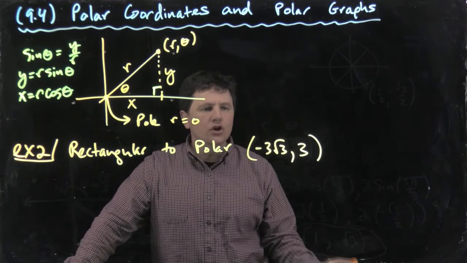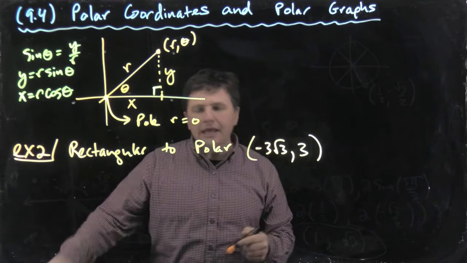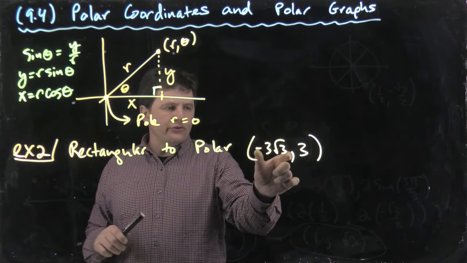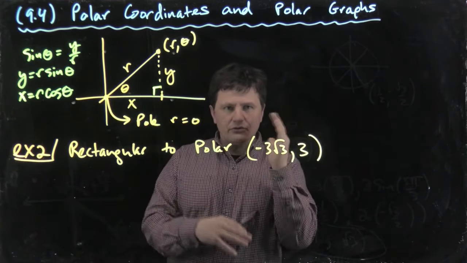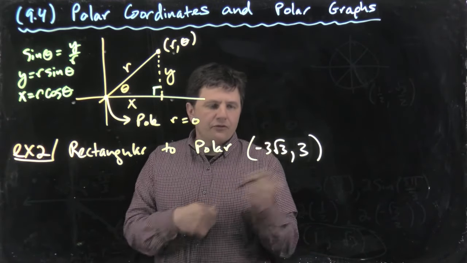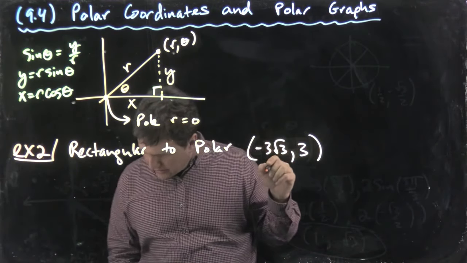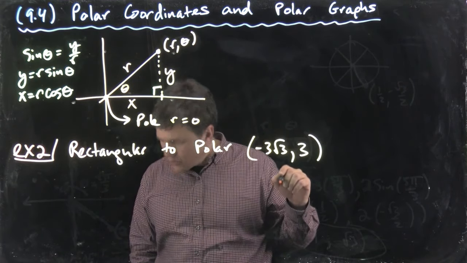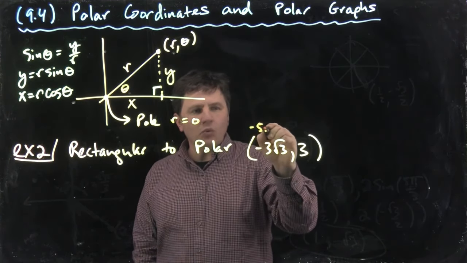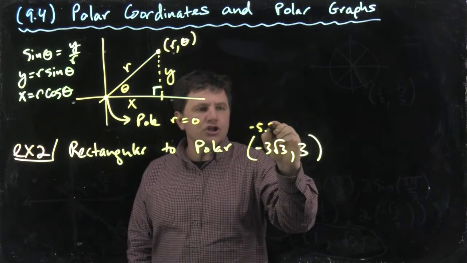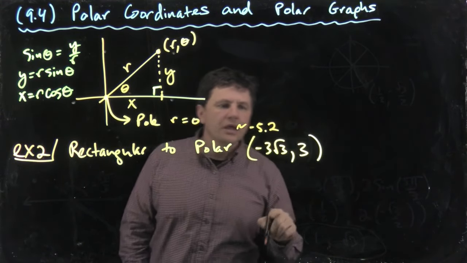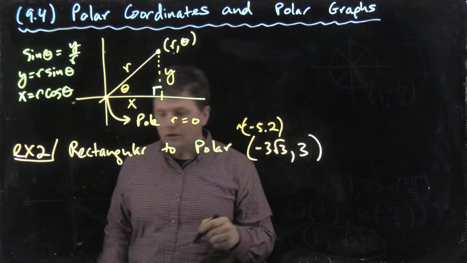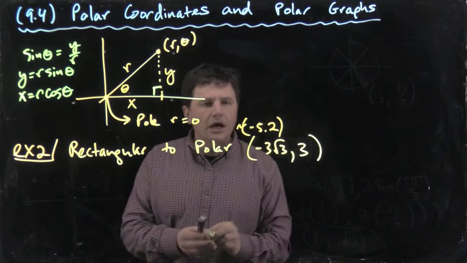So this is rectangular, so x comma y. By the way, we're using this because we are going to get values that are special values. For the sake of plotting, if we approximate it using a decimal, it's about negative 5.2-ish.